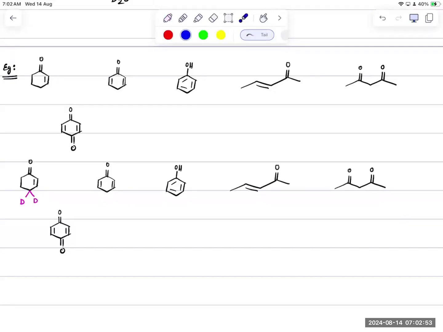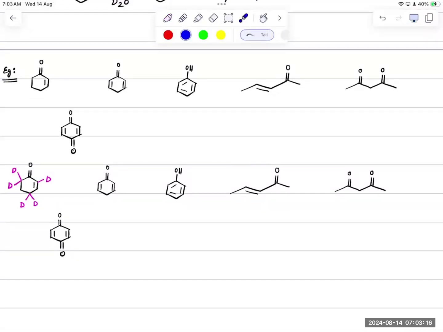And then that minus charge can also come here due to resonance. So there also I'll make a deuterium exchange. And the left hand side is also alpha hydrogens. And all alpha position hydrogens are also going to get replaced by deuterium. So for this example, how many will we have? 5 exchanges will be observed.